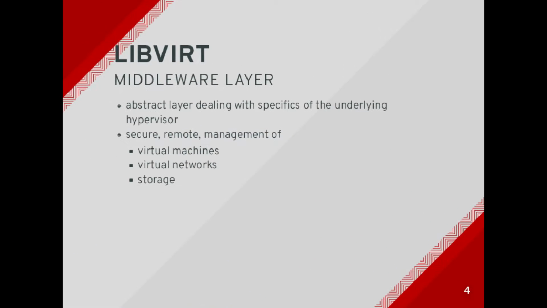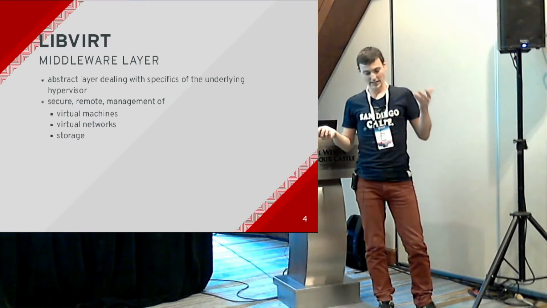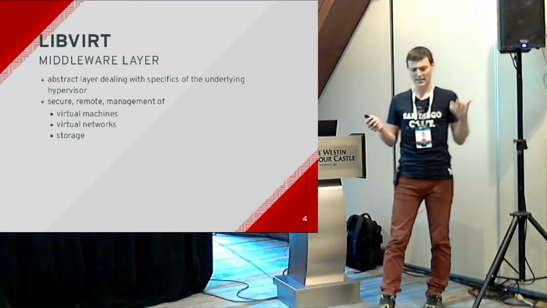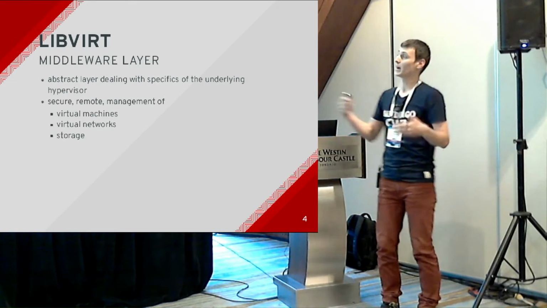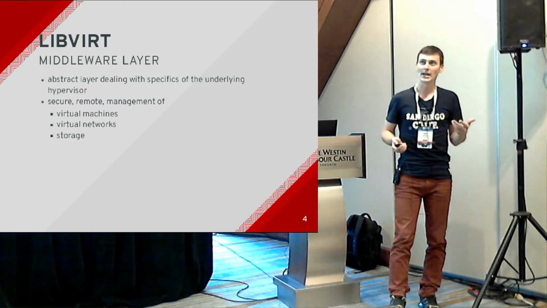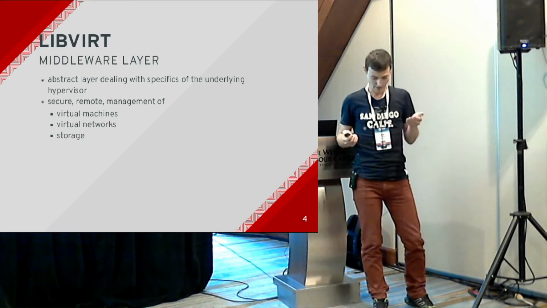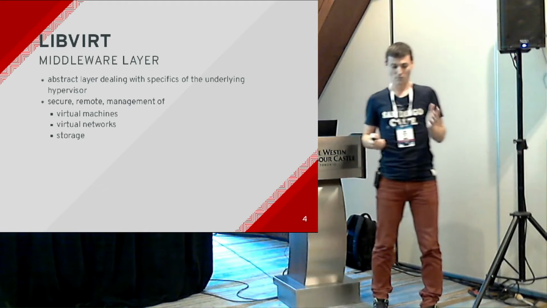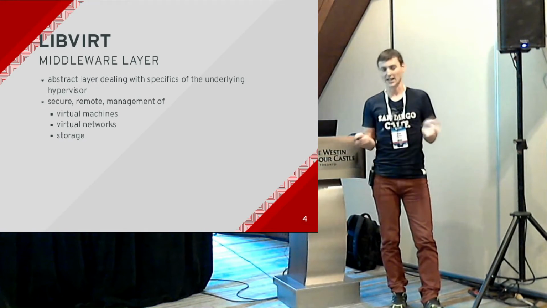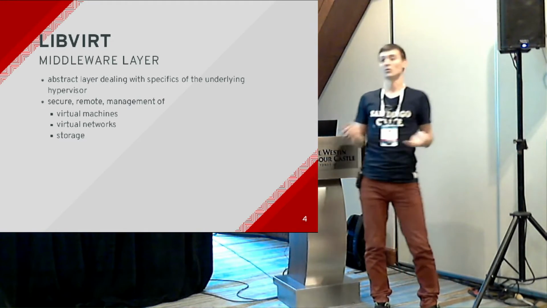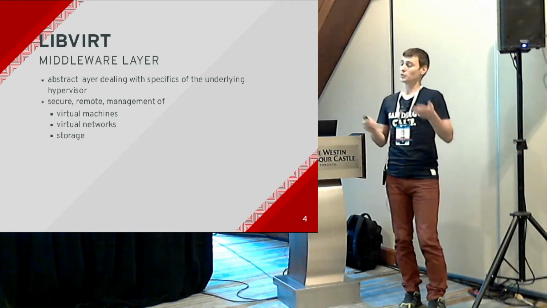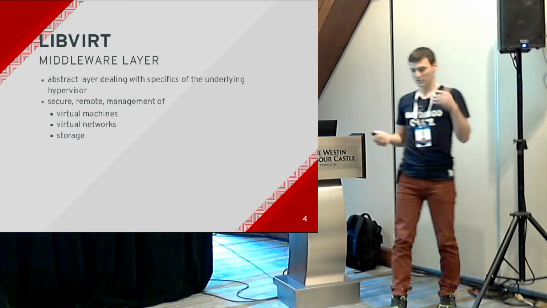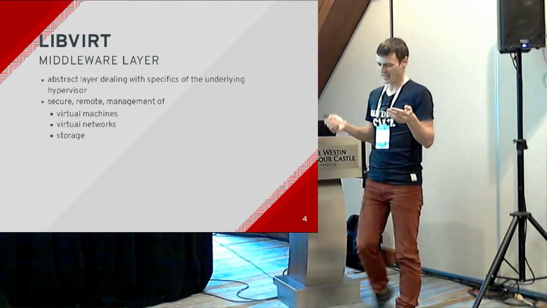To put it a bit technically, in one sentence, libvirt creates an abstract middleware layer that provides a stable, and this is the most important thing, uniform and also portable, to the extent of operating system support, interface for your applications to deal with the underlying hypervisor specifics and inconsistencies.